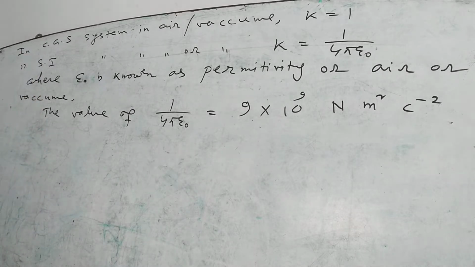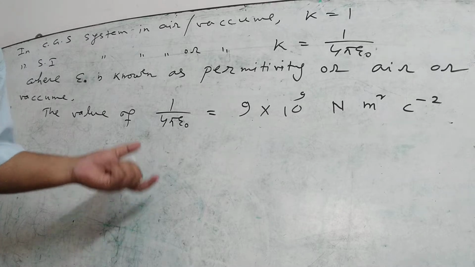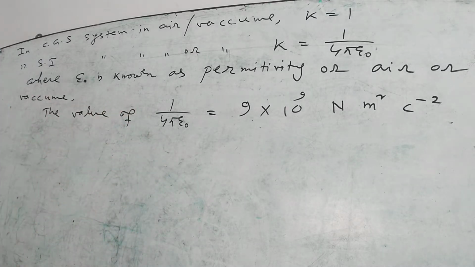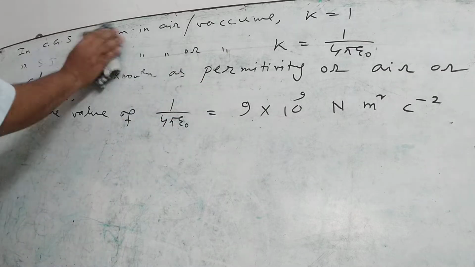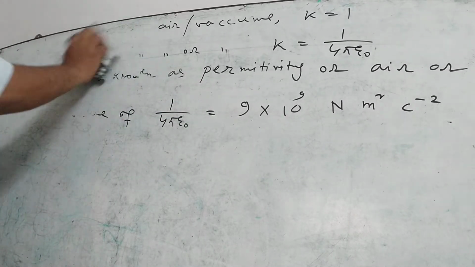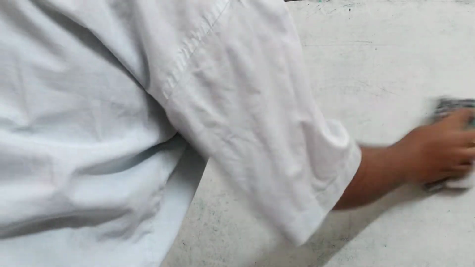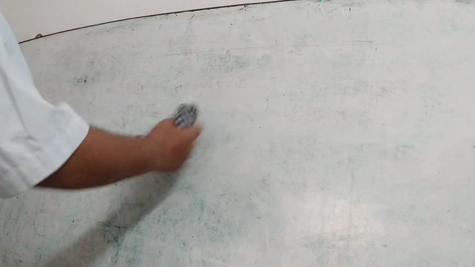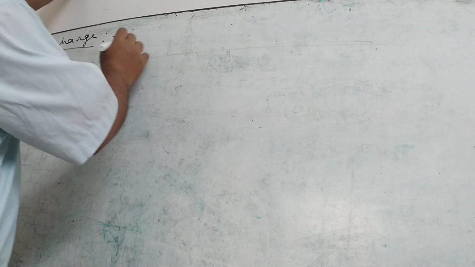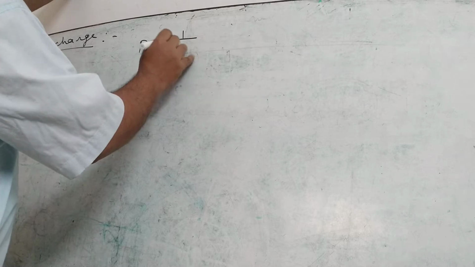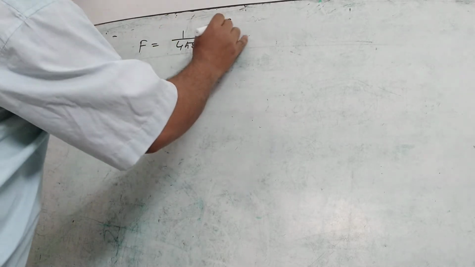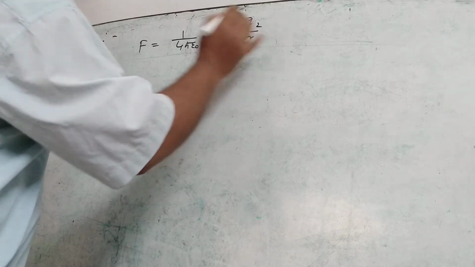From Coulomb's theorem, we can define unit charge. What is unit charge? From Coulomb's law, we know that F is equal to 1 by 4 pi epsilon 0 Q1 Q2 by r square.